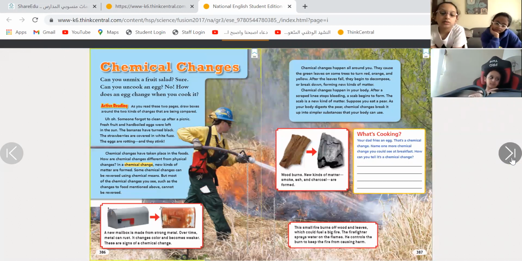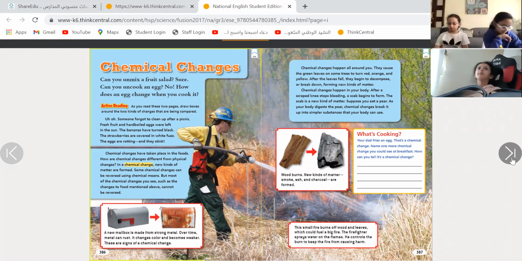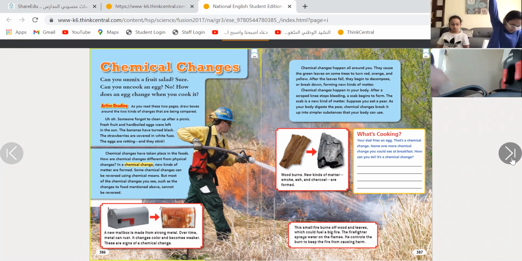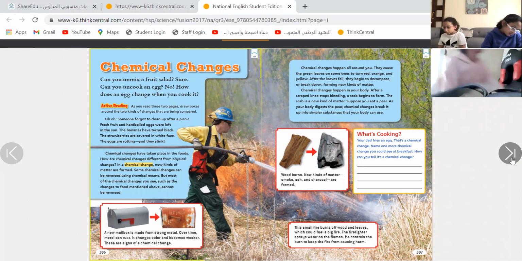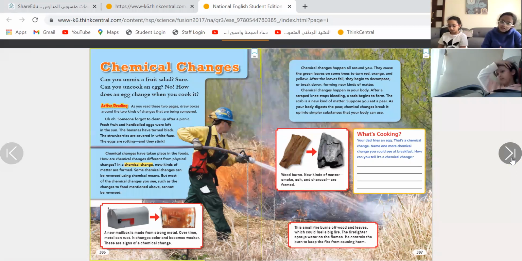All right. Today we learn something called a chemical change. What is a chemical change? If I tell you that a chemical change will be completely the opposite of a physical change, what do you think a chemical change is?